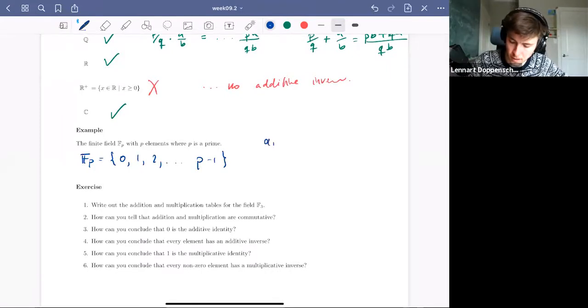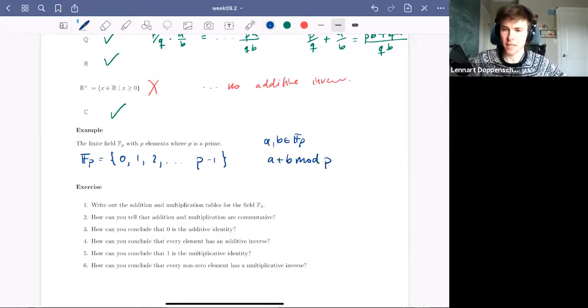And if you say you have a and b in F_p, then addition is a plus b mod p, because a plus b might be greater than p minus 1, so it's not necessarily in the set F_p. But in order to produce something in the set again, we just mod out by p. This means we divide a plus b by p, and whatever the remainder is going to be the result. And again, we take multiplication mod p.